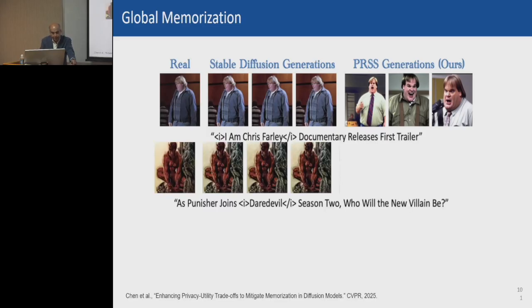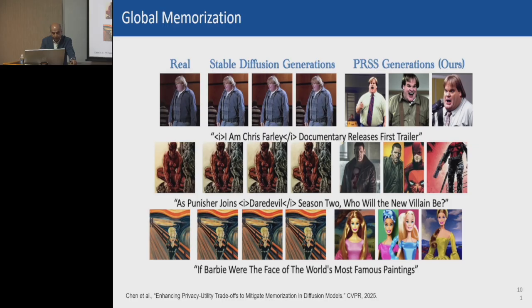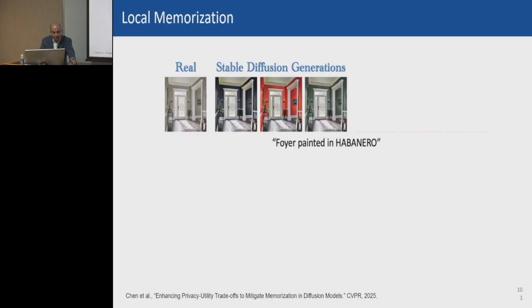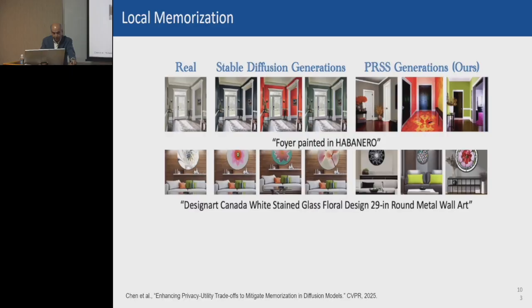So same here, standard method, duplicate, and here no memorization, and so on. And now the same case for local memorization. Again, you see Stable Diffusion is very, very similar to the original real image, which is the training image, and here we can fix those, and so on, like this.